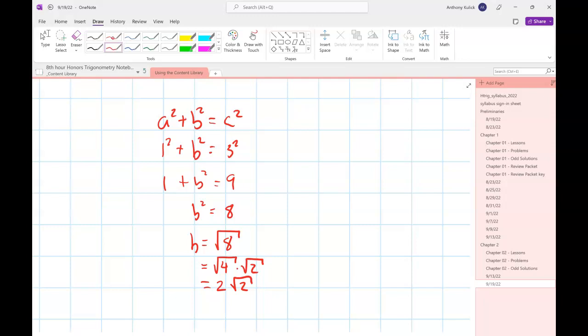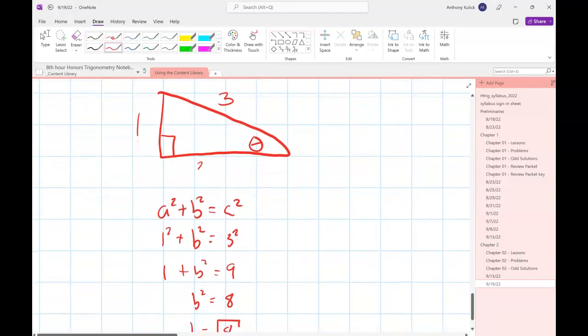If you could do that in your head, that's perfectly fine. But these are notes, so I'm just talking through reviewing how to do this, because some of us may be very natural still, and some of us may be, oh, I kind of remember that, but not so great. So this side is 2 root 2.